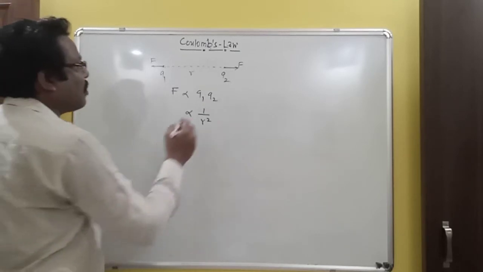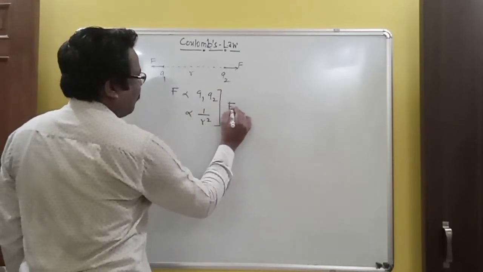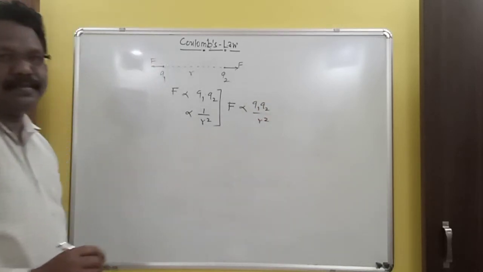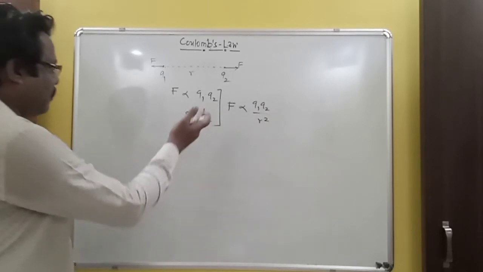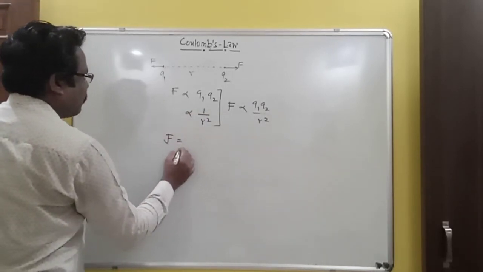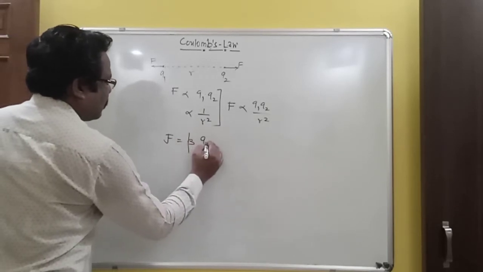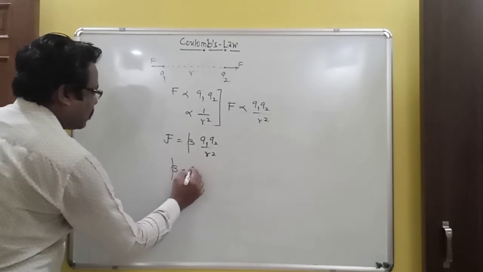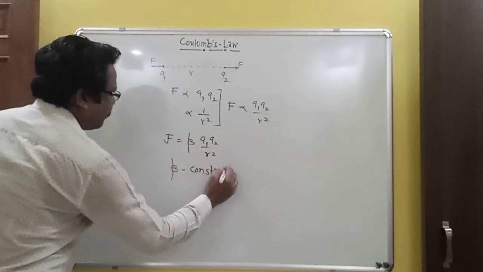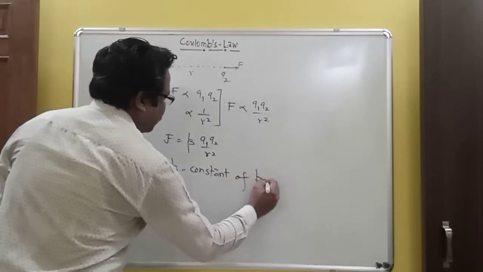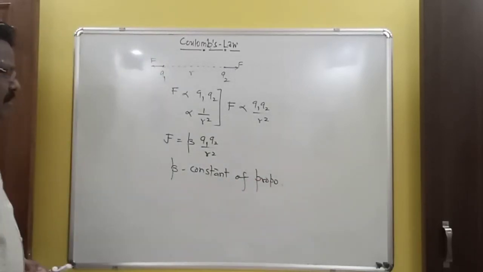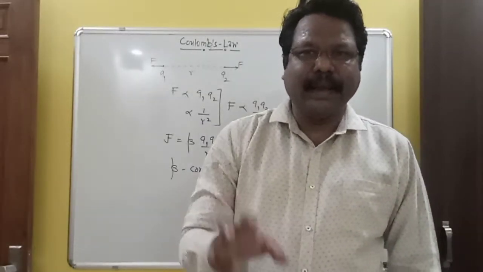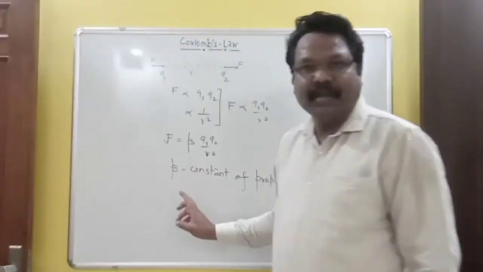When you write it together, you will write F proportional to Q1 Q2 by R square, which further may be written as F equals beta Q1 Q2 by R square, where this beta is the constant of proportionality. Generally we take the constant of proportionality as K, but for a reason I am taking this as beta, right?